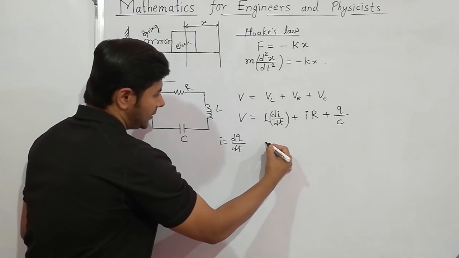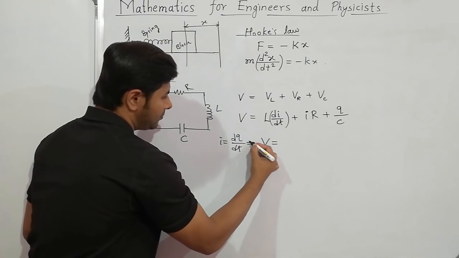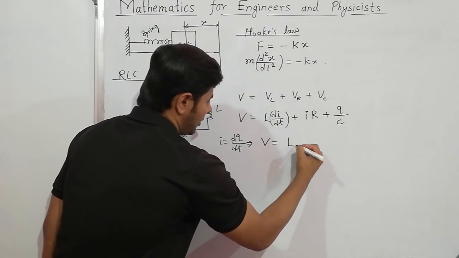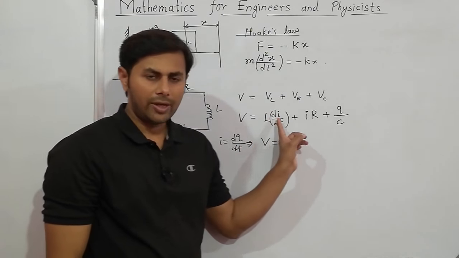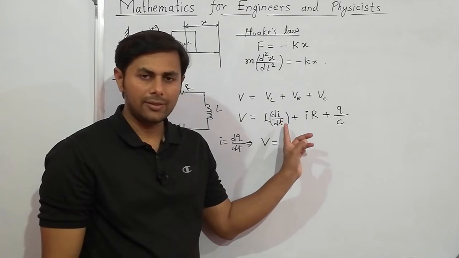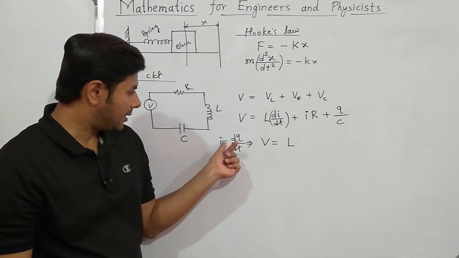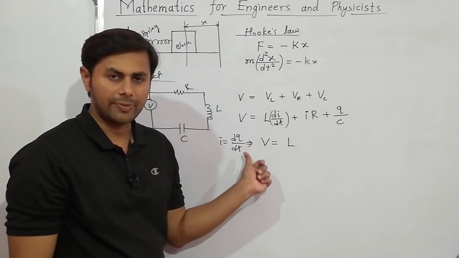So using that, I can write V equals L times the derivative of I with respect to t, and I is the derivative of q with respect to t.